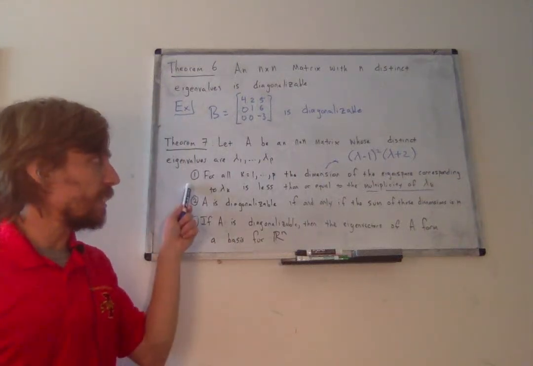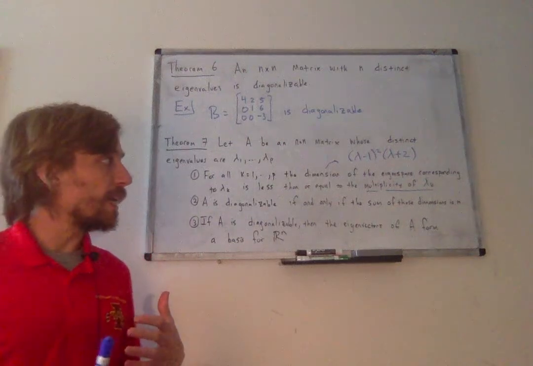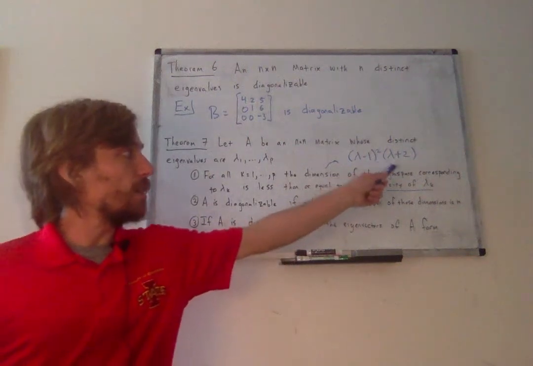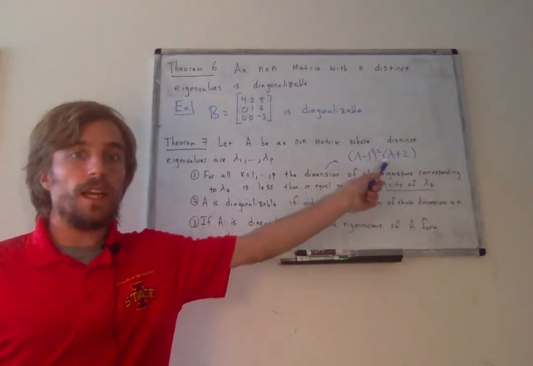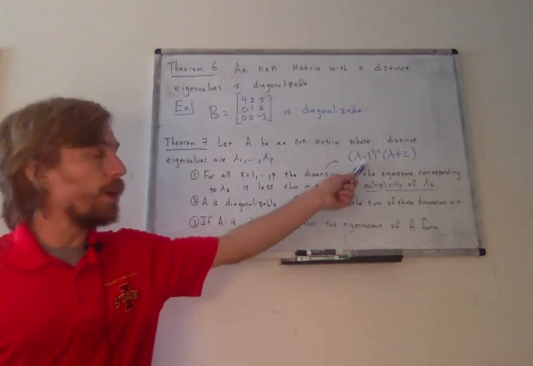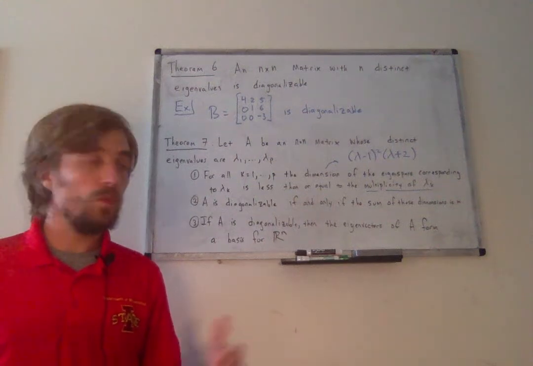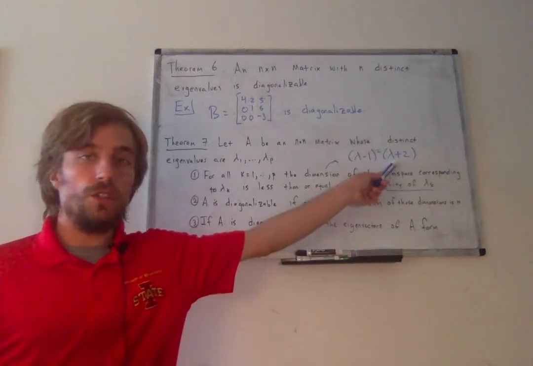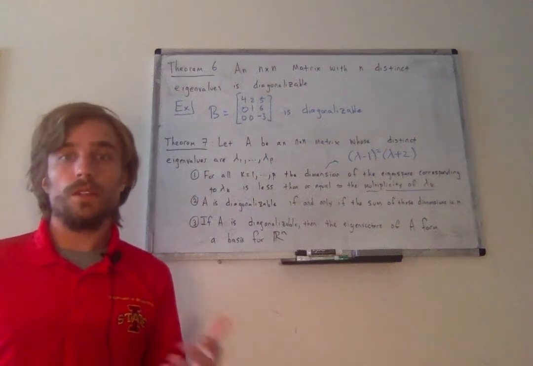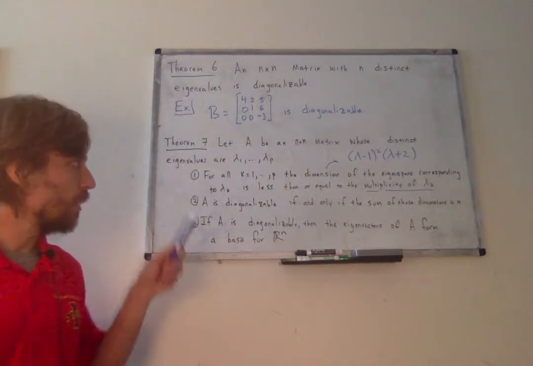So what this is saying is that the number of linearly independent eigenvectors corresponding to any particular eigenvalue is always less than or equal to the multiplicity of that eigenvalue as a root in this polynomial. So for example, 1 could have up to 2 linearly independent eigenvectors associated with it, but negative 2 could only have 1 linearly independent eigenvector associated with it.